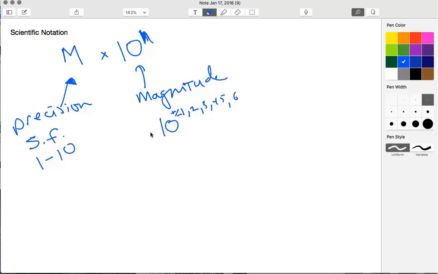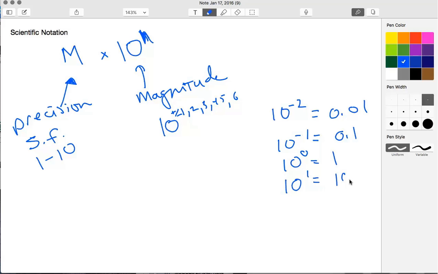You know the decimal equivalents of some of these, and so just to express this a little bit, like 10 to the minus 2 is equal to 0.01, because it's 1 times 10 to the minus 2. 10 to the minus 1 is equal to 0.1. 10 to the 0 is equal to 1, because anything to the 0th power is equal to 1. 10 to the first is equal to 10, and 10 to the second is equal to 100. Likewise, you should probably already know this, but any number, x to the 0, is equal to 1.